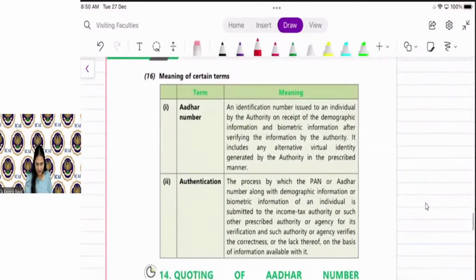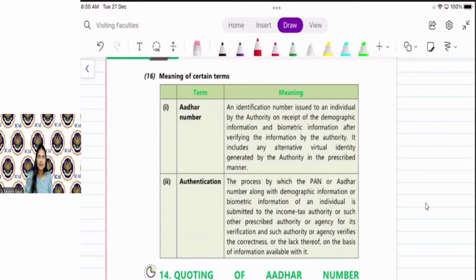Meaning of certain terms, that is Aadhaar number. An identification number issued to an individual by the authority on receipt of demographic information and biometric information after verifying the information.